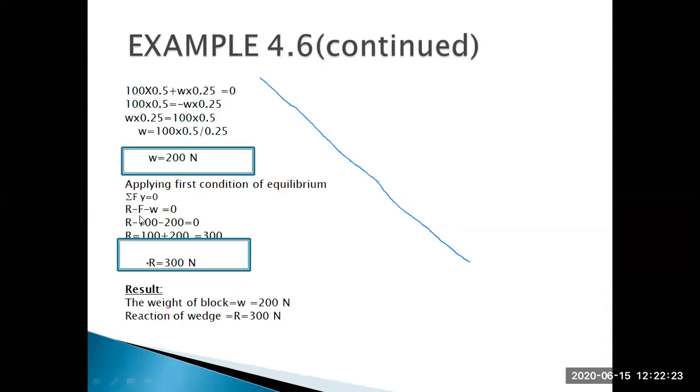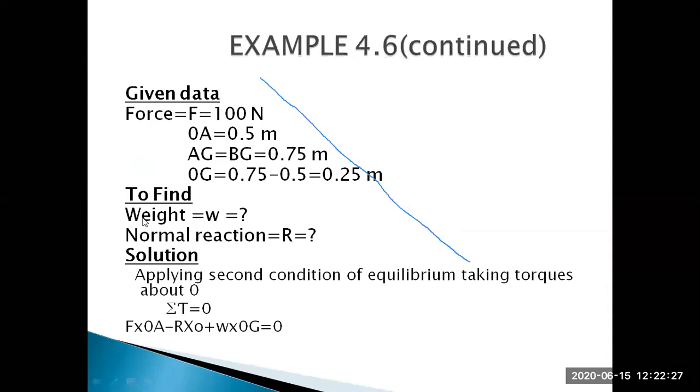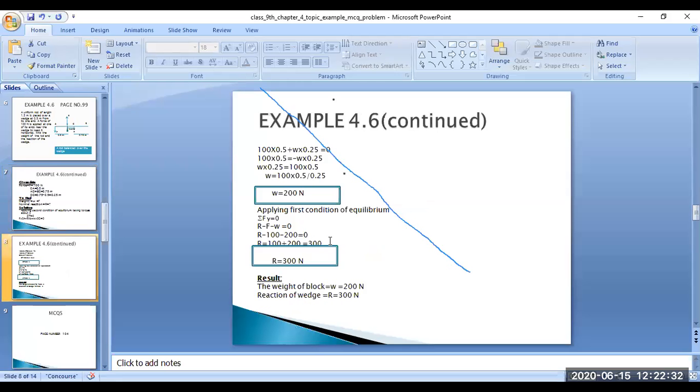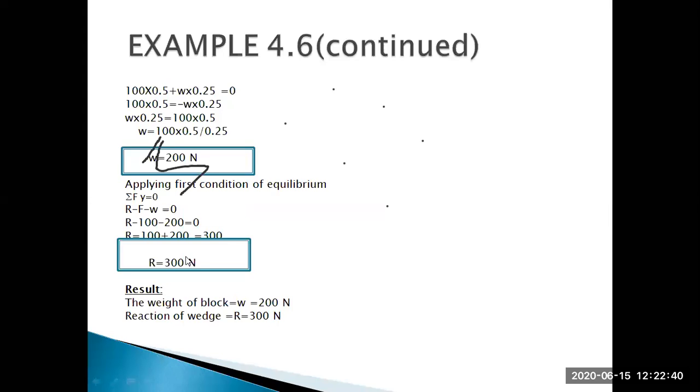Putting the values, force is 100 and weight is 200. If you shift this to the other side, you will get normal reaction 300. 200 plus 100 is equal to 300 Newton.